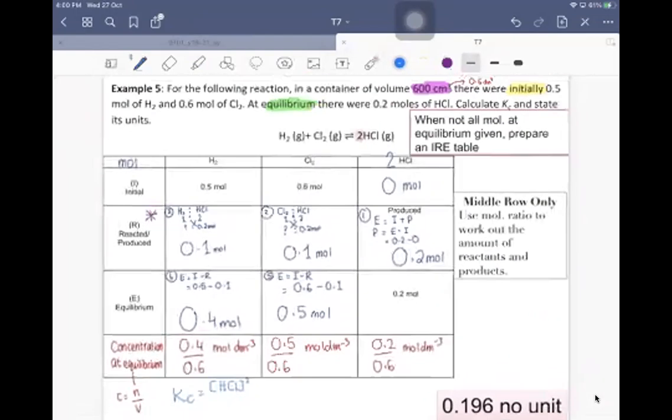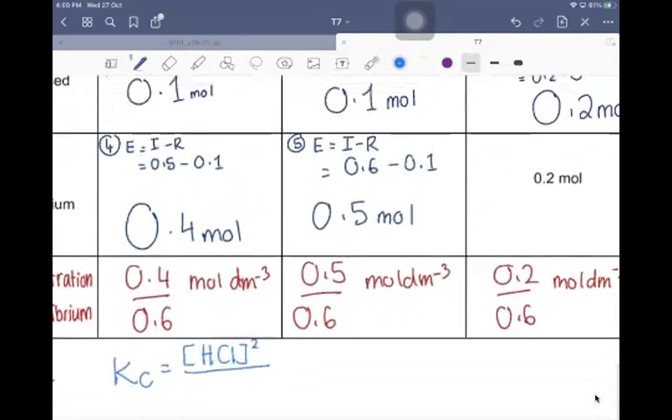I know I have omitted the state symbol over the concentration of your reactants, H2 to the power of 1, Cl2 also to the power of 1. Just to remind you again that these brackets indicate concentration, if you're wondering what that square bracket is.